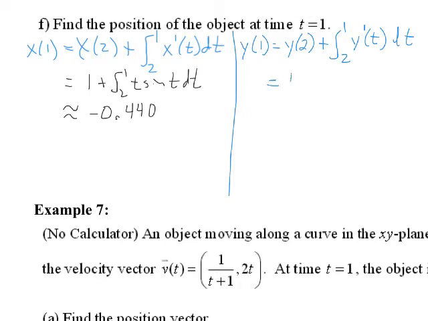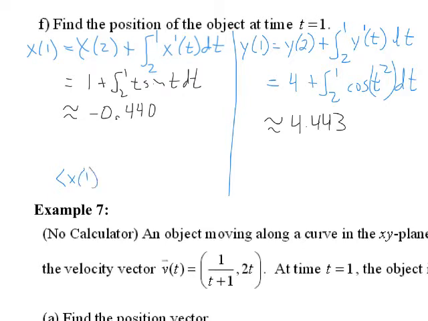We get 4 plus the integral from 2 to 1 of cosine of t squared dt. And carefully typing this into our calculator, we should arrive at approximately 4.443 as an answer.